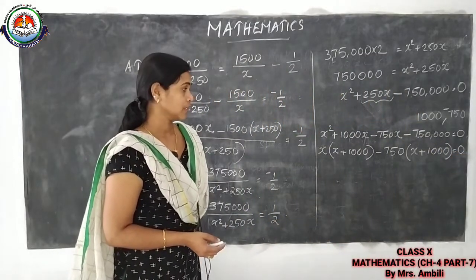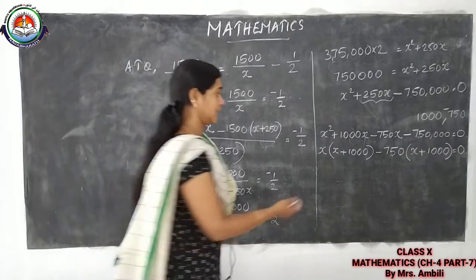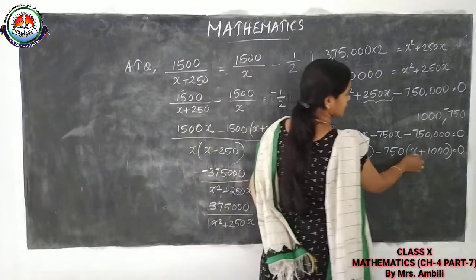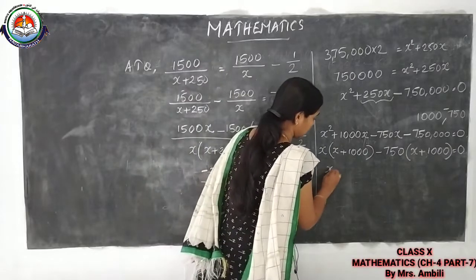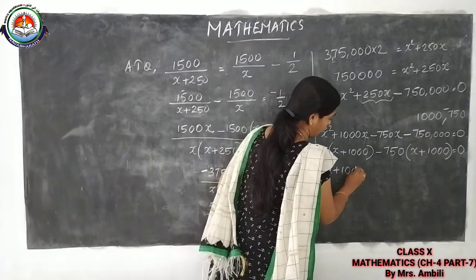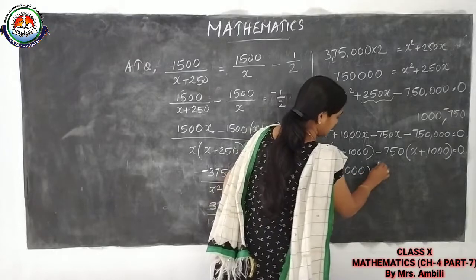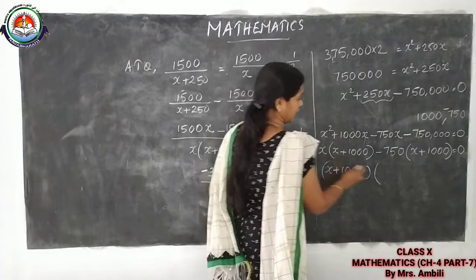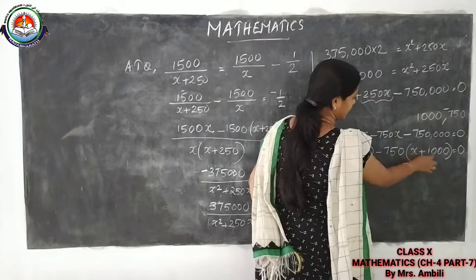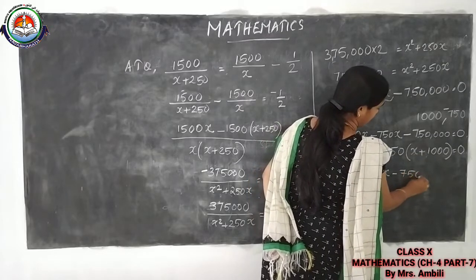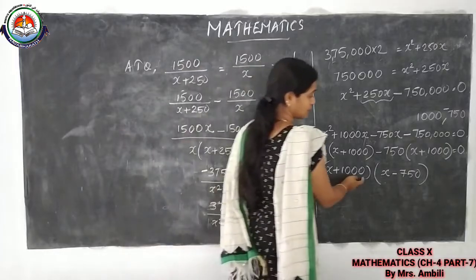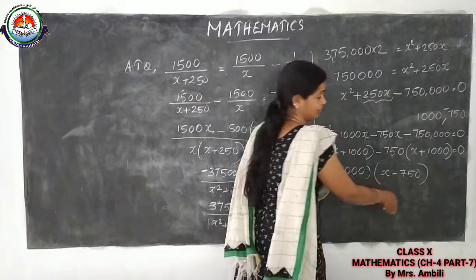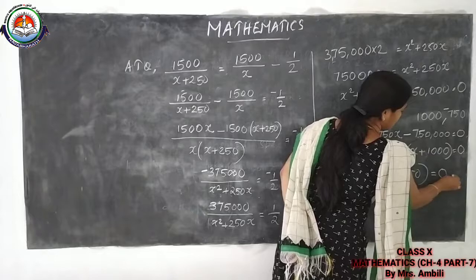Clear? Then what is the next step? Again x plus 1000 is common in both terms, so we take x plus 1000 as common factor. What is remaining? x is remaining, and minus 750 is remaining. So we can write x plus 1000 into x minus 750 equal to 0.